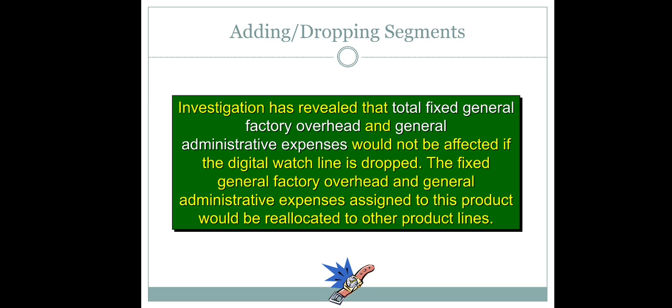They will be reallocated to other product lines. So there are two costs that are not relevant and will not change, no matter whether the business continues or closes the production of digital watches: the fixed general factory overhead and general admin expenses.